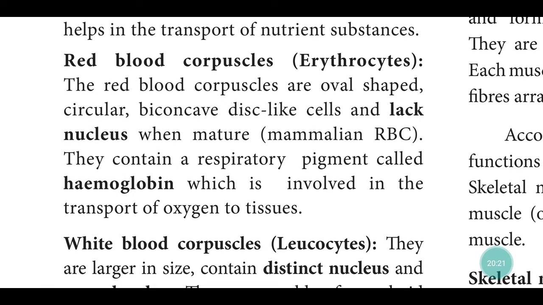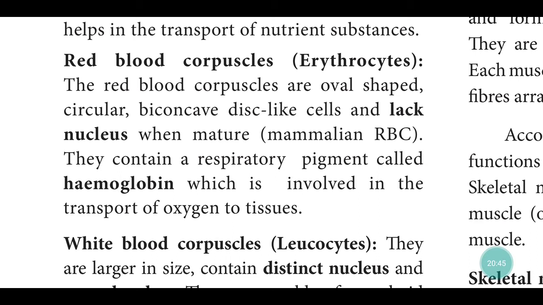Red blood cells are red blood corpuscles, erythrocytes. The red blood corpuscles are oval shaped, circular, biconcave, by two sides. There is some space on both sides. A concave structure, disc-like cells, and they lack a nucleus. In our body all the cells consist of a nucleus, but red blood cells don't have one.